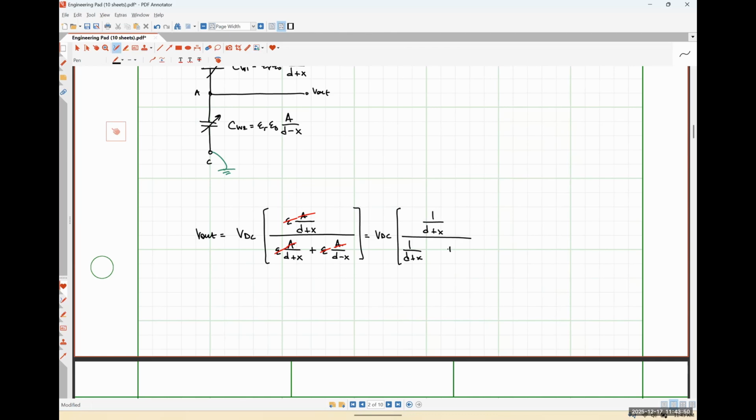I'm intentionally leaving a big gap here so I can play around with the algebra again. 1 over D minus X, like so. Okay.